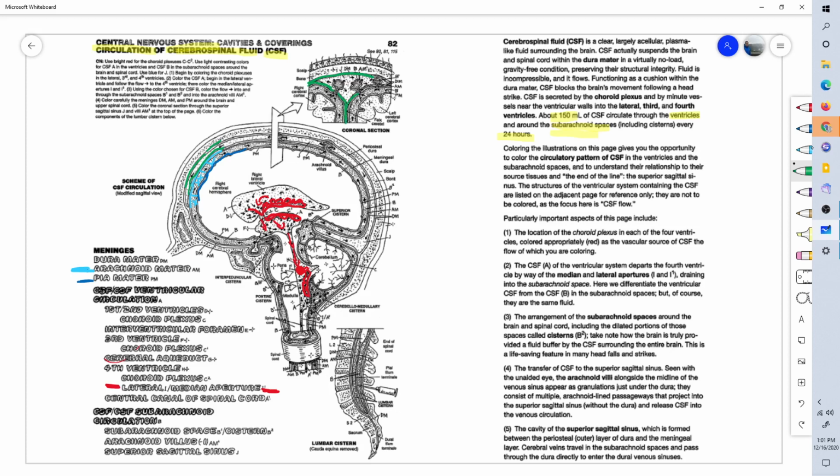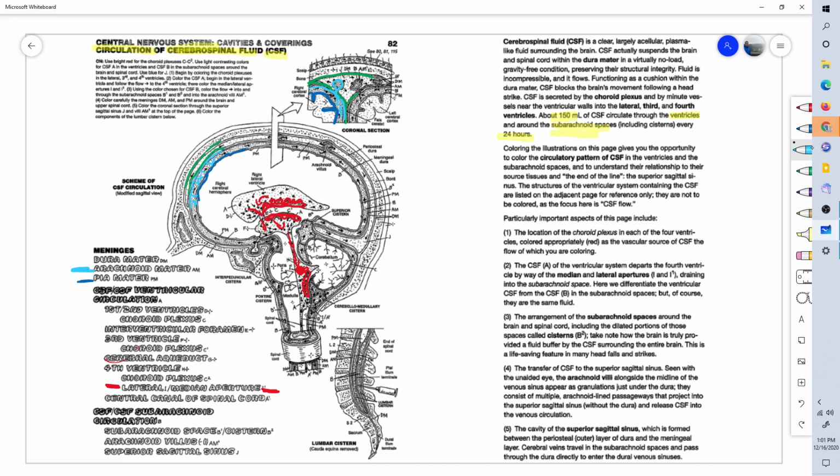And once again, the pia mater surrounding the cortex like a saran wrap around the brain. And the arachnoid mater. Arachnoid mater.